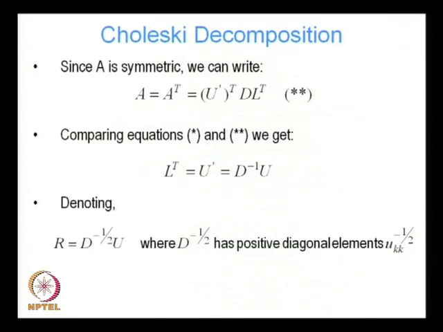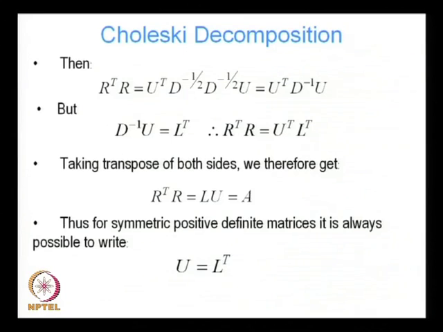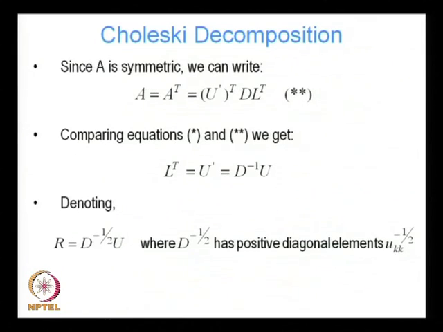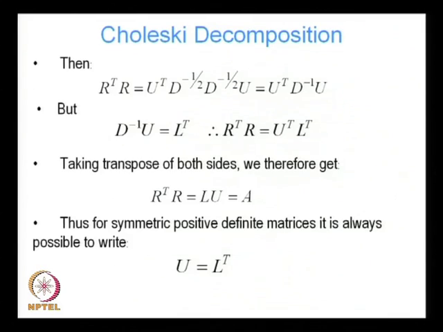If we define R is equal to D minus half U, then we can write R transpose R is equal to U transpose D minus half transpose, which is identical to D minus half since D minus half is a diagonal matrix, D minus half U, which is equal to U transpose D inverse U. But let us recall that L transpose is equal to D inverse U, which we obtained earlier.